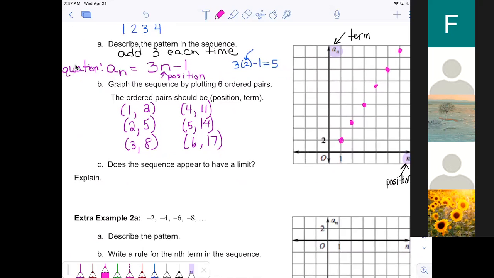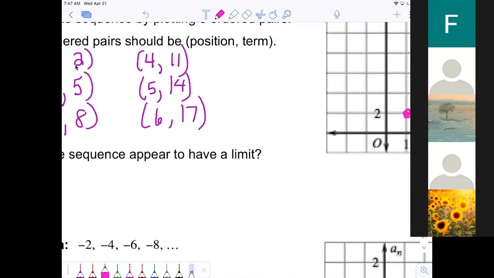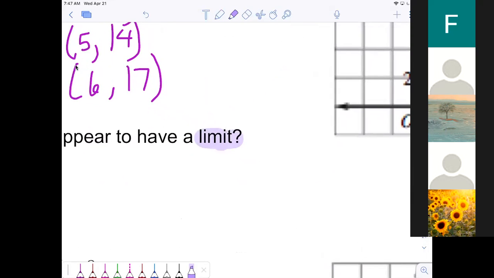So then the next question, after you have a graph, it says, does the sequence appear to have a limit? This word limit, you will be seeing that word, that term throughout mathematics. And a limit means, is it approaching a number?